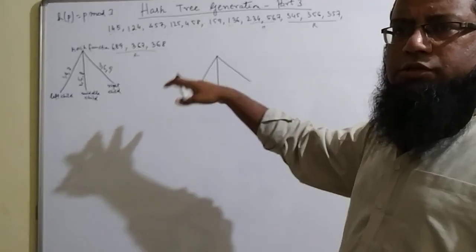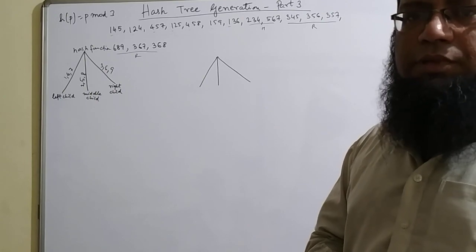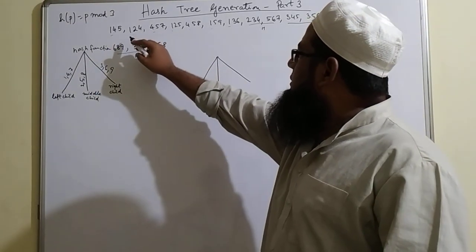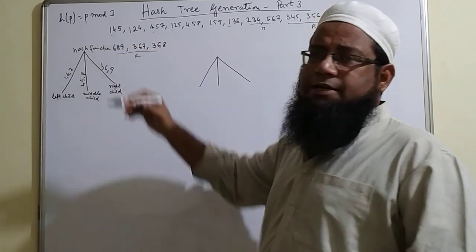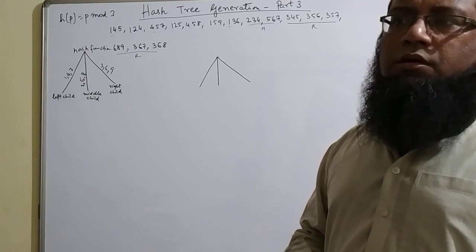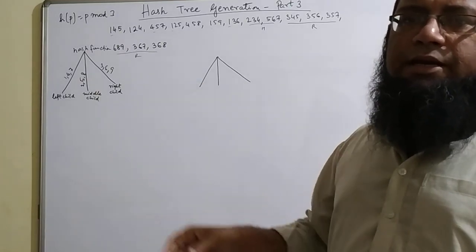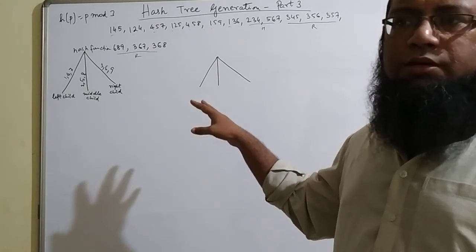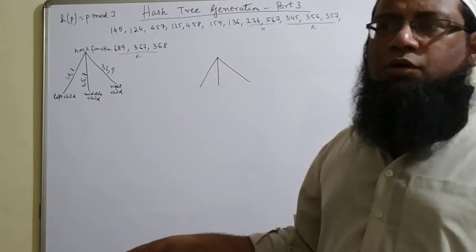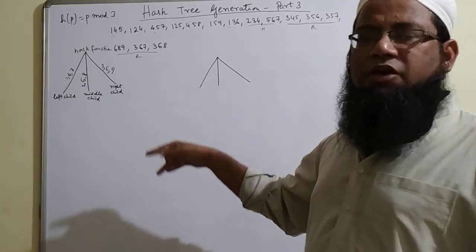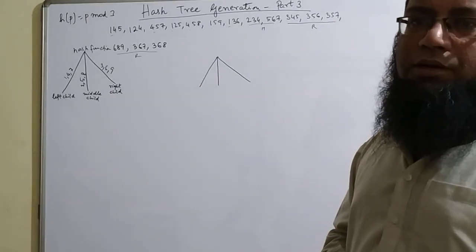Now among these, again you need to think of something. For example, we have so many left children. Now let's see the second digit. Your second digit is going to tell you whether all the candidate item sets can be hashed in the same left node, or whether the left branch has to be divided again into 3 parts.